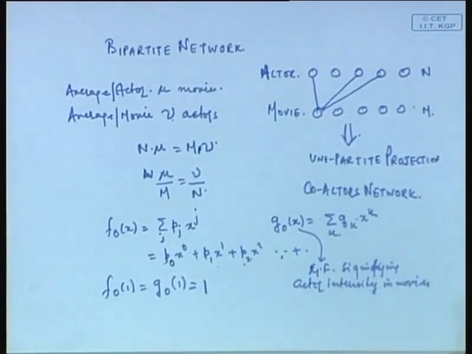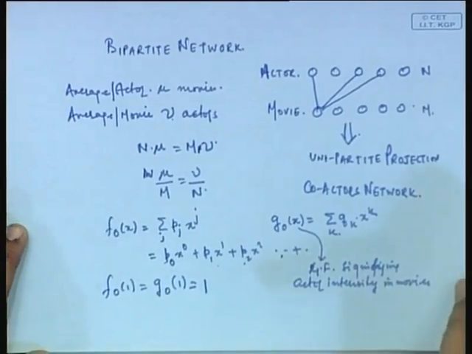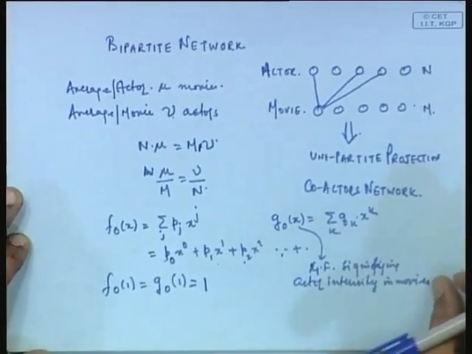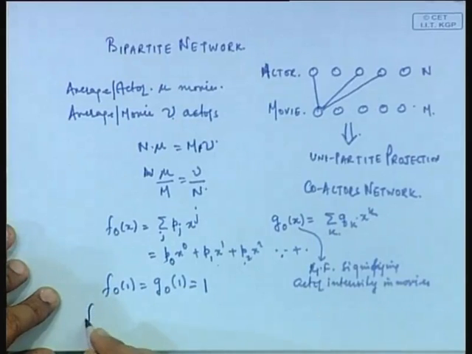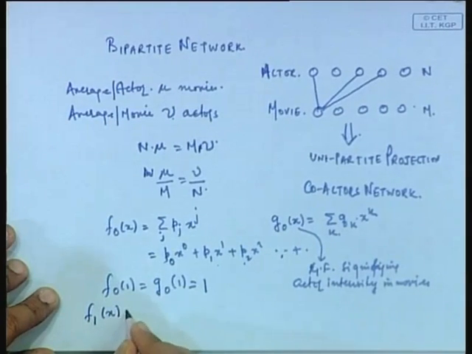So the sum of all probabilities, basic, elementary. Okay, clear? Now let us try to write what is f1 x.